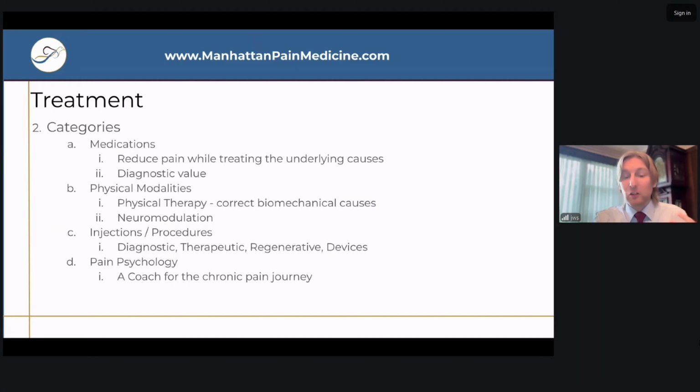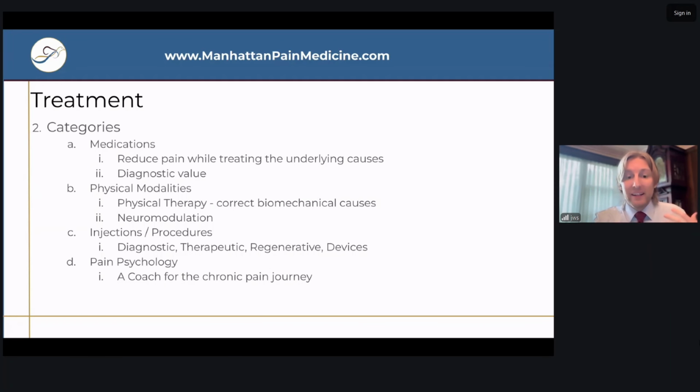Physical modalities: physical therapy, chiropractics, acupuncture, neuromodulation like electrical stimulation, or even magnetic stimulation. There's a lot of brain reprocessing being done with Neurostar, which is a company that does TMS, transcranial magnetic stimulation.